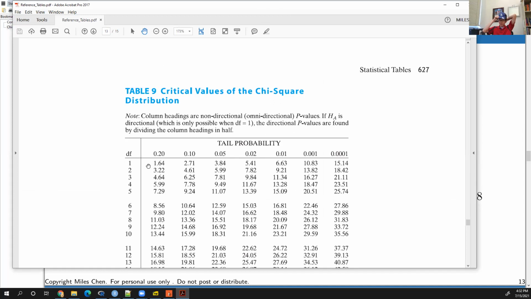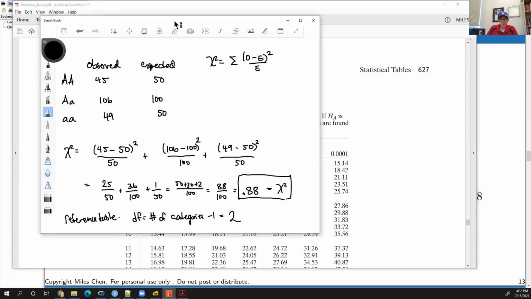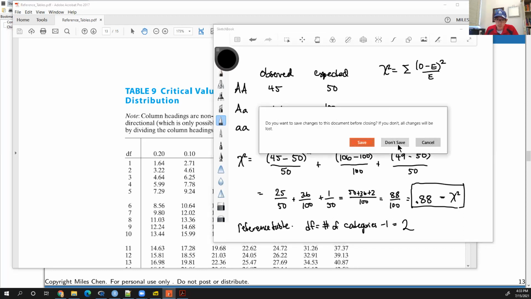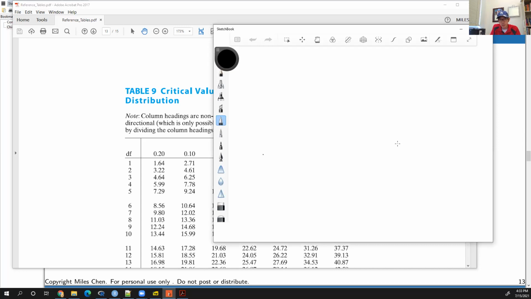Well, the first value I see is 3.22. The chi-squared distribution is kind of a funny looking distribution. It only has positive values. It's actually the distribution of what kind of values you would get if you took a normal random variable and squared it. On the low end, you have 0. If you go to 3.22, this tail area is 20%.